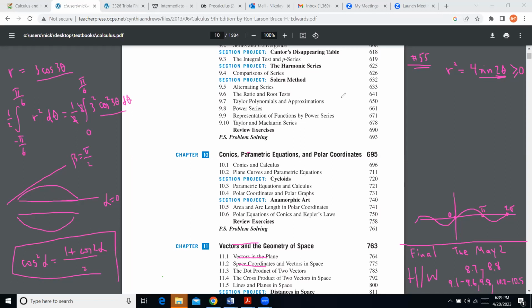We're only concerned with angles that correspond to positive values of sine, because r squared is always non-negative, could be 0, so sine has to be greater than or equal to 0. I'm going to find when sine 2 theta is equal to 0.